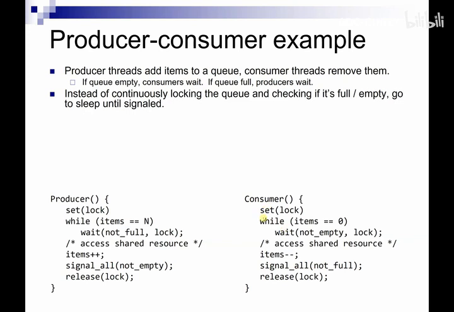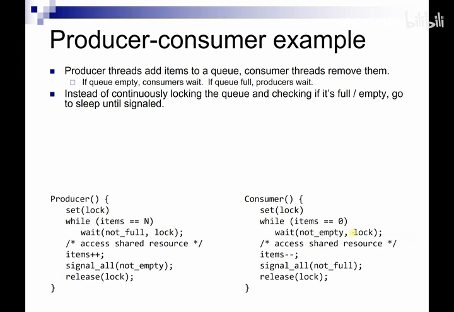However, if this consumer, when he was trying to take some items out, found the queue was already empty at that point, then the consumer needs to wait until the queue becomes non-empty. And to do that, the consumer also needs to give up the lock. Currently at this point he has the lock, because in order to get to this point, he had to set the lock.